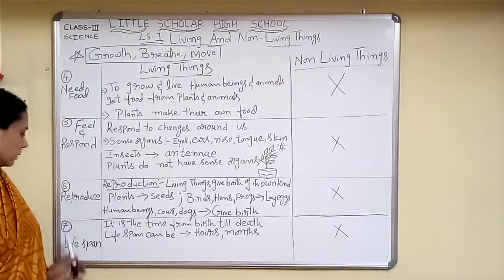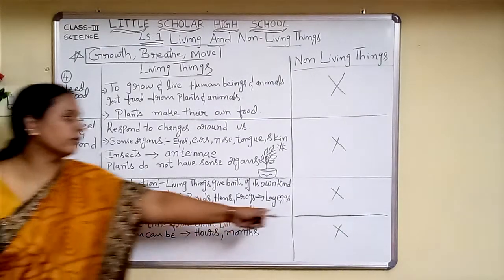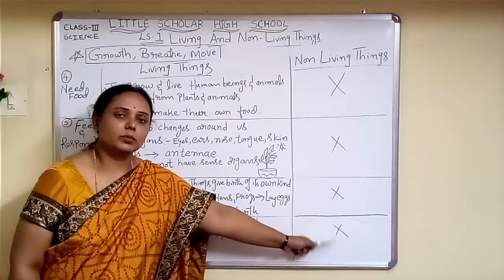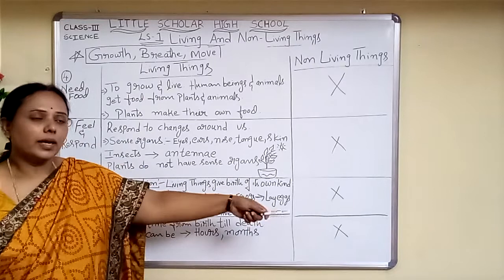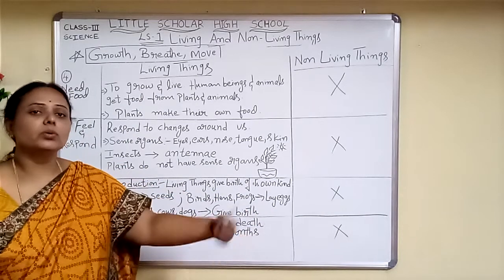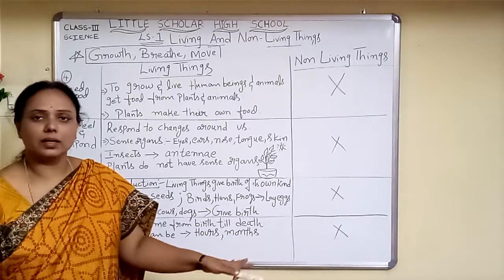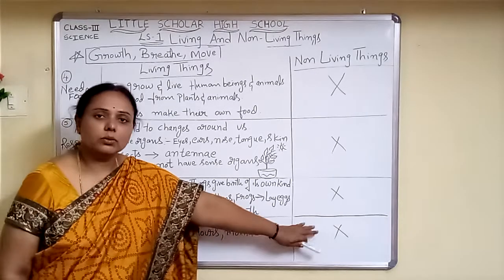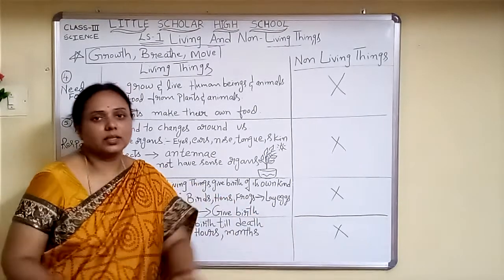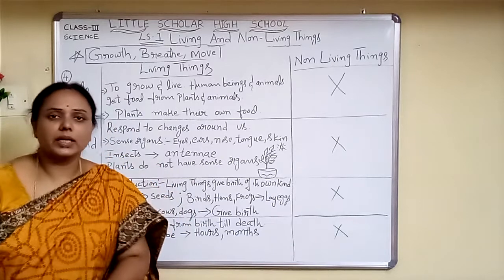But again this lifespan we do not find in non-living things, because non-living things do not have life. Until and unless you break them or damage them, they are just like that. They neither multiply nor respond, nor do they have any specific life period that they will live only for 1 month or 1 day or a few years.